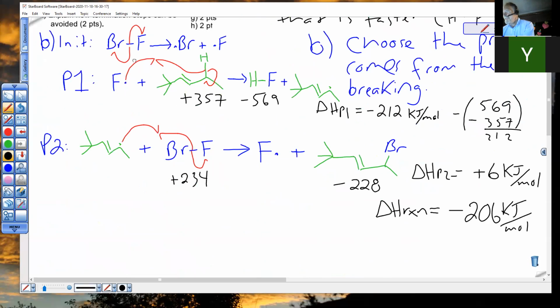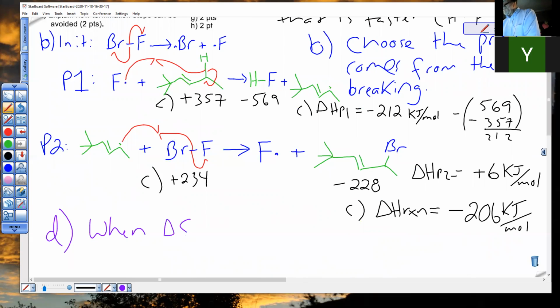So in D, you pretty much have to write this no matter what you're doing for D. This is C. This is the answer for C. D, you've got to tell me when delta S is roughly 0, delta G, you want to write an arrow? I'm a scientist. I'm more into symbols than sentences. Don't tell my English teaching friends.